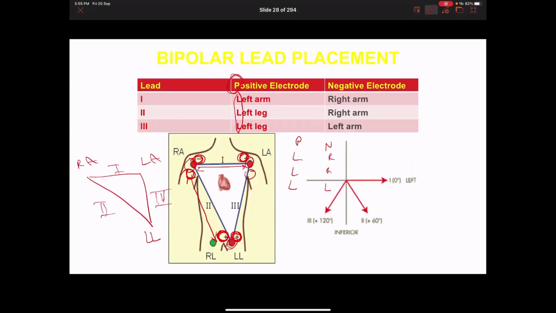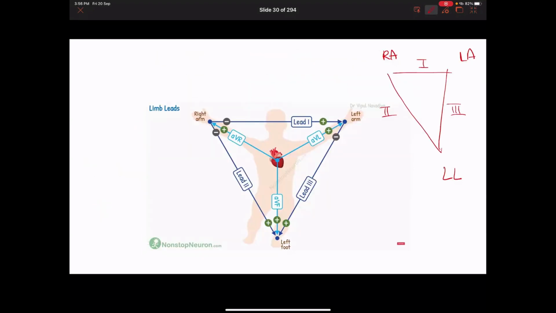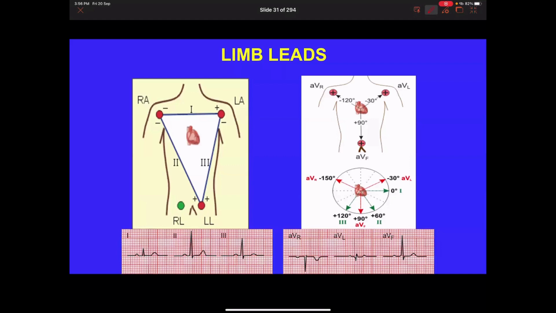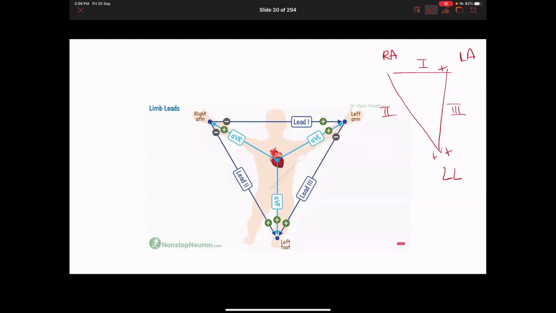So on the left arm we have positive, on the left leg we have positive, and that's it. The rest are negative. This way you can remember the directions. So for lead 3, this is positive and this is negative. You just fill in the gaps. This way you'll never forget them, inshallah.